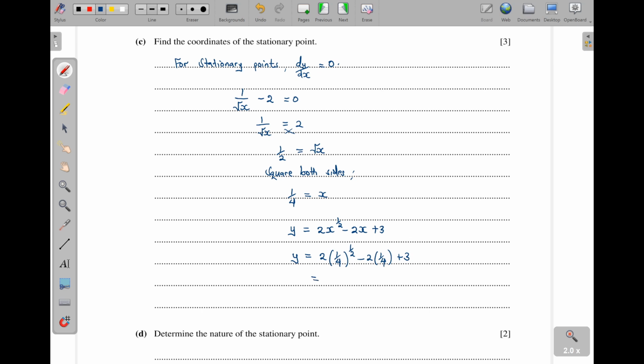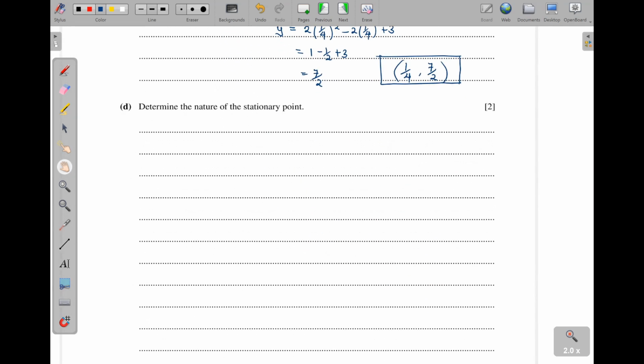This one is going to be a half, so times 2, that will be a 1, then minus a half here, plus 3. So 4 minus a half, that is 3.5. 3.5 is the same as 7 over 2. So the coordinates of the stationary point will be (1/4, 7/2).